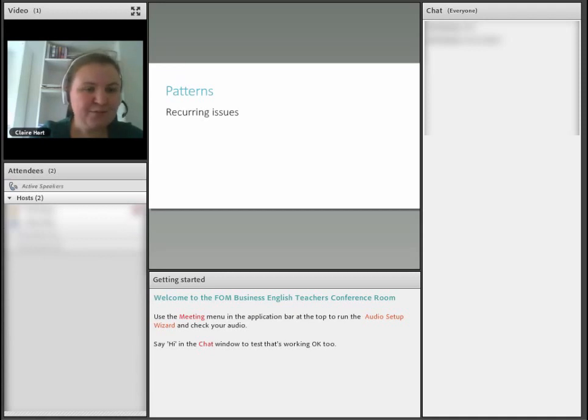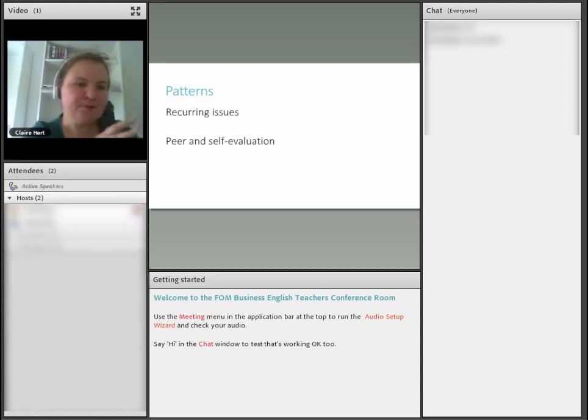So it's kind of personalized feedback through global patterns, if you like. So focus on recurring issues. Don't focus on a problem that one student had once.